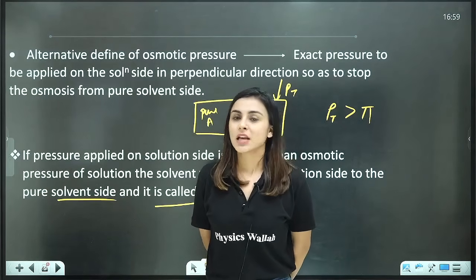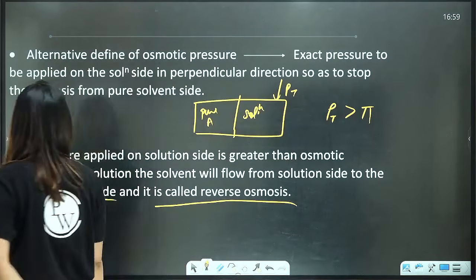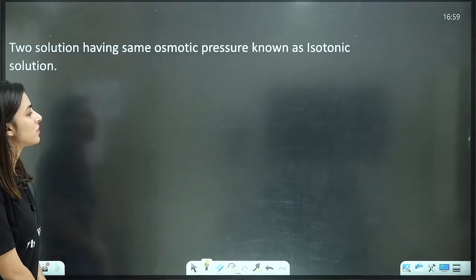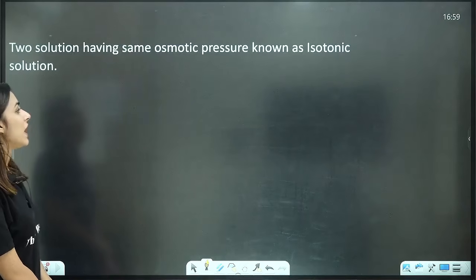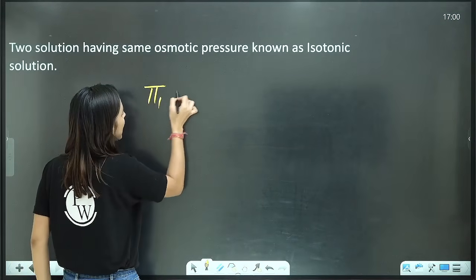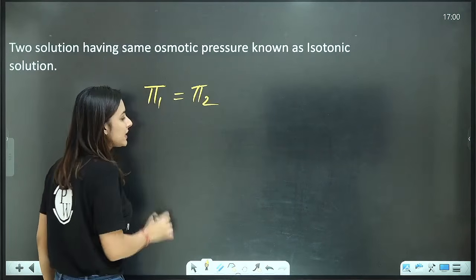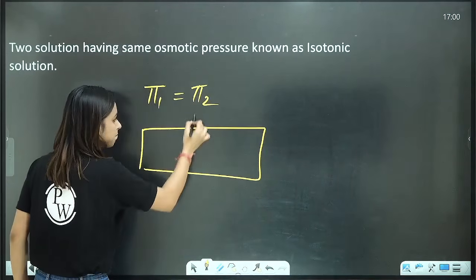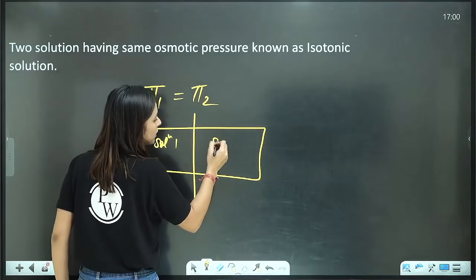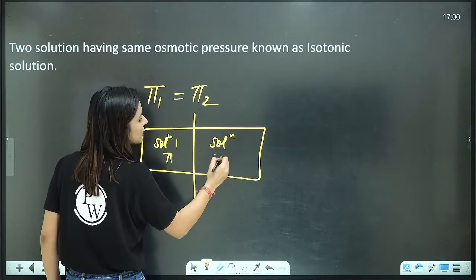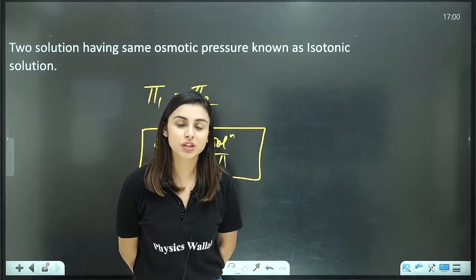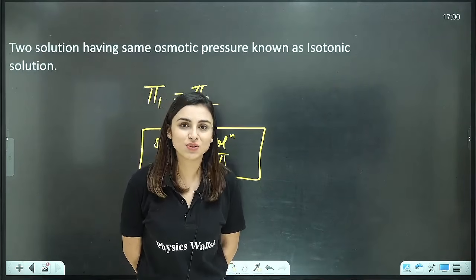Two solutions having the same osmotic pressure, my dear students, are known as isotonic solutions. If this is solution 1 and this is solution 2 and both have the same osmotic pressure, then such solutions are known as isotonic solutions.